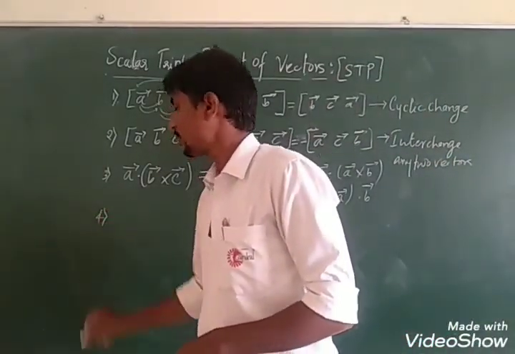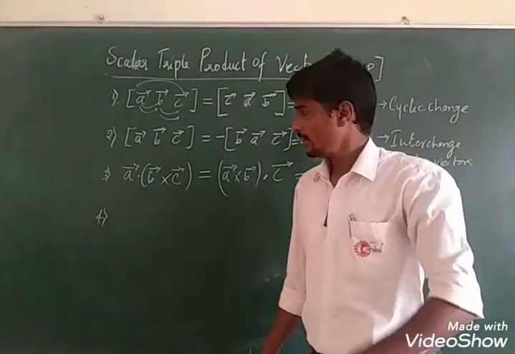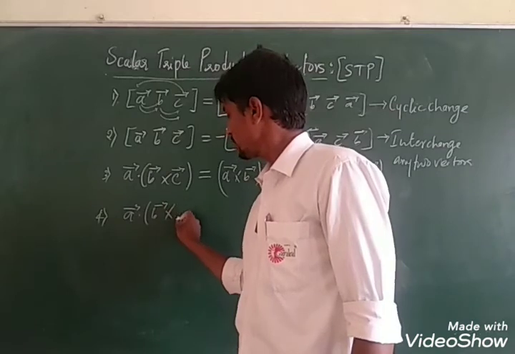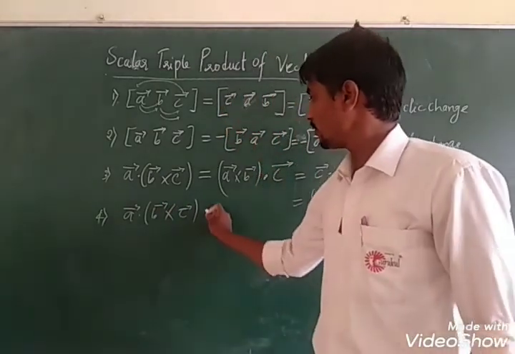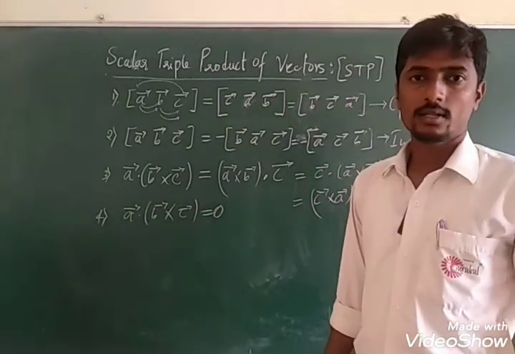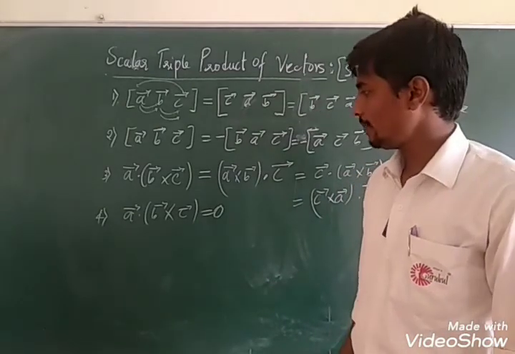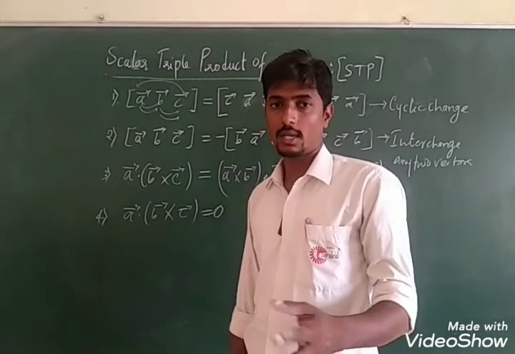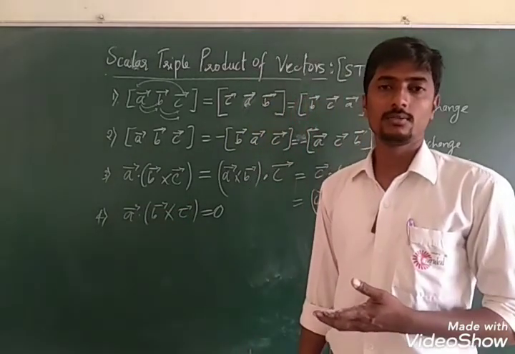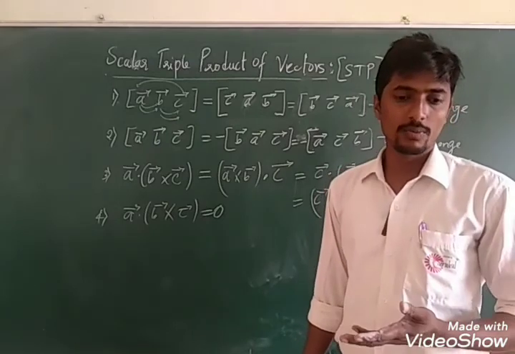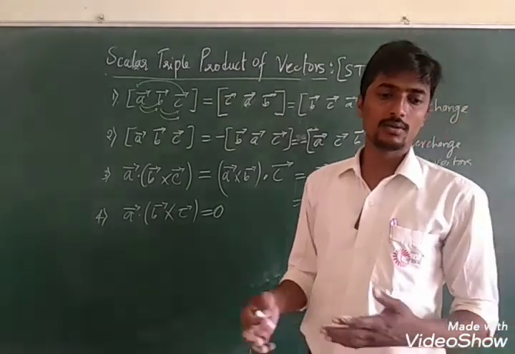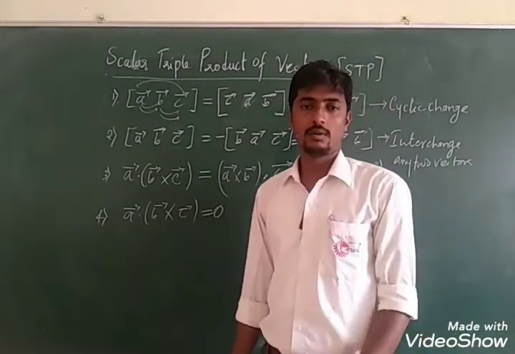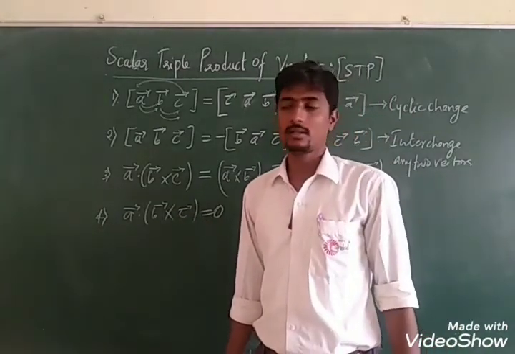Property number 4: suppose vector A dot vector B is equal to 0. In this case, any two vectors behave as collinear. So either A is equal to B, or A is equal to C, or something similar happens, so B cross C is equal to 0.